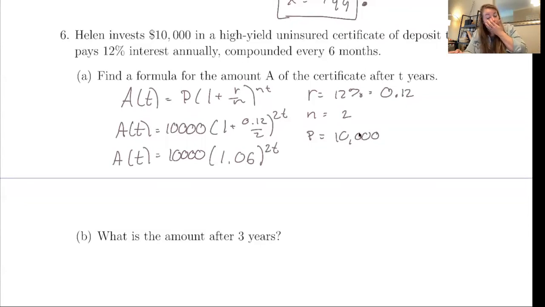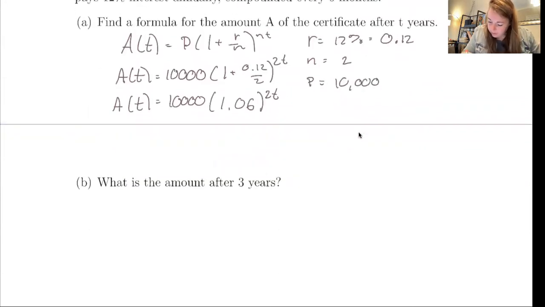Sometimes when things are divided by like 365, it'll be like 1.000345. Keep it all the way out, or else you're just going to have 1 and your answers are going to be completely skewed. So really carry out that decimal. Okay. All right. So that is our formula.